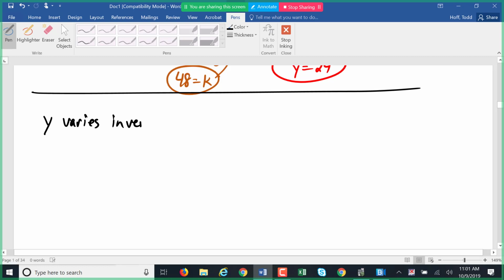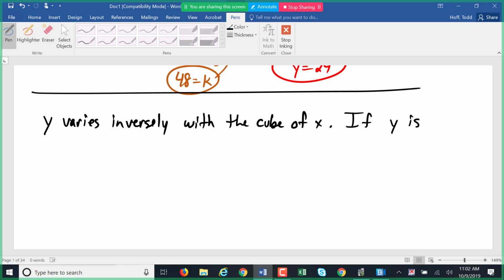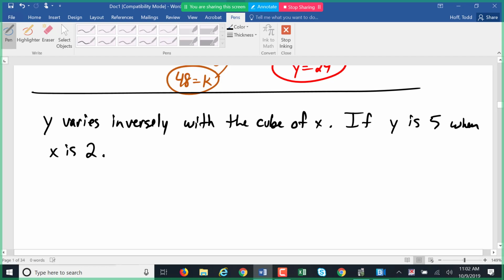So if I tell you y varies inversely with the cube of x, if y is 5 when x is 2, let's see, is that going to work?